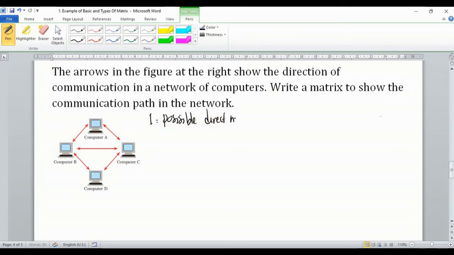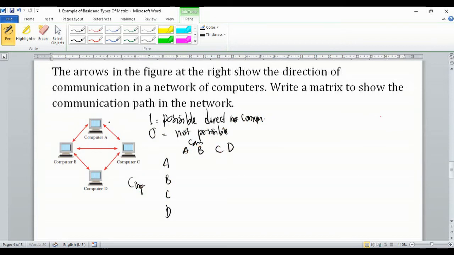If there is direct communication, we get the point 1. But if they are not possible, it's 0, not possible. Okay, so from here we can see the connectivity of computers A, B, C, D, computer to computer.